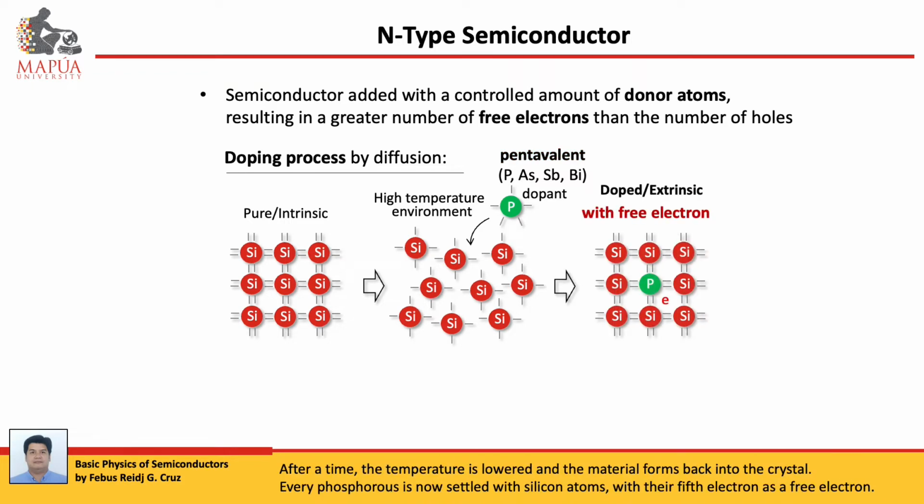After a time, the temperature is lowered and the material forms back into the crystal. Every phosphorus is now settled with silicon atoms, with their fifth electron as a free electron.